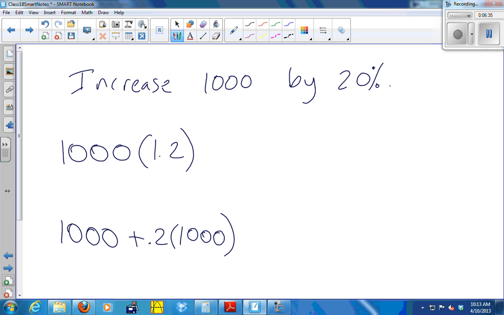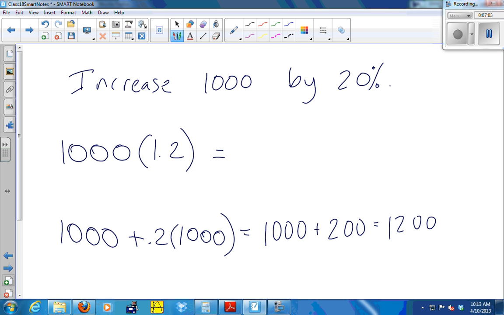So 10% of 1,000 would be 100. 20% of 1,000 would be double that, so it would be 200. That's like a quick way to calculate a tip in a restaurant. Move the decimal place 1 to the left and then double it. Gives you 20%. Okay. So this would be 1,000 plus 200, which is 1,200 rabbits.